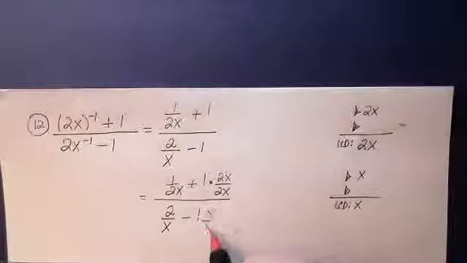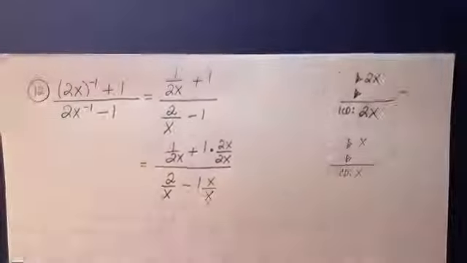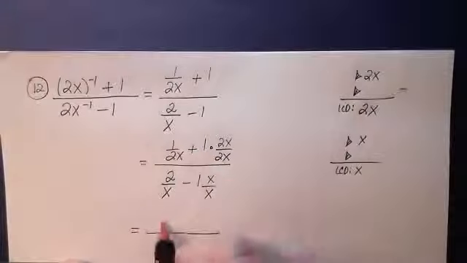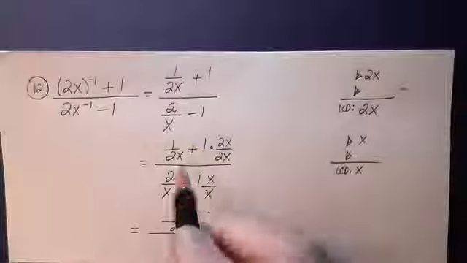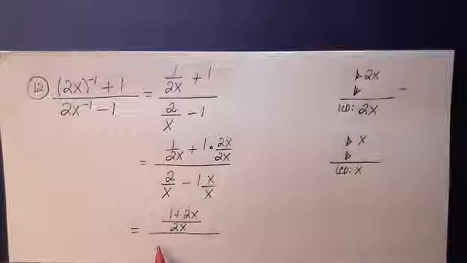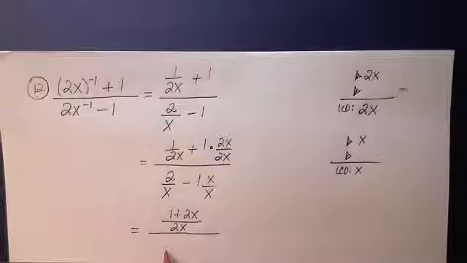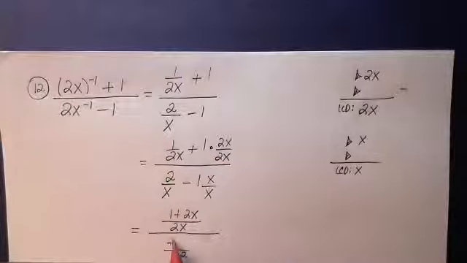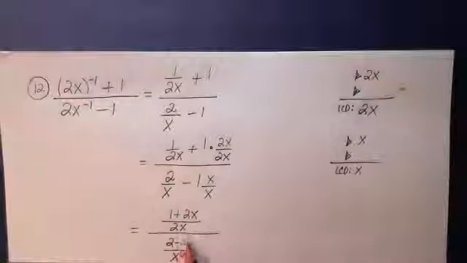Missing an x. Alright, so now I made sure that I have a common denominator. On the top, my common denominator is 2x, and this would be 1 plus 2x. On the bottom, I'm going to have x squared, and I'm going to get 2 minus x.